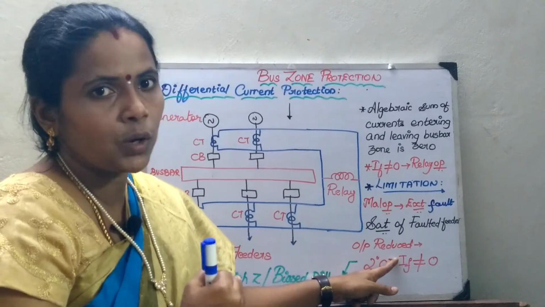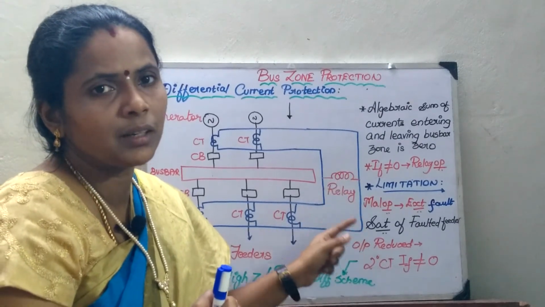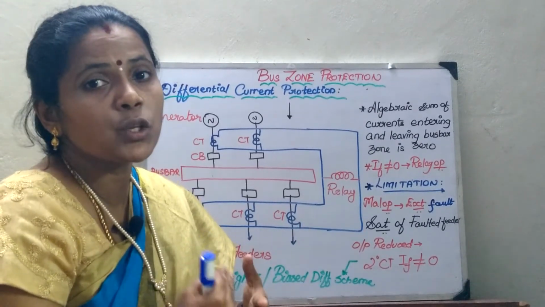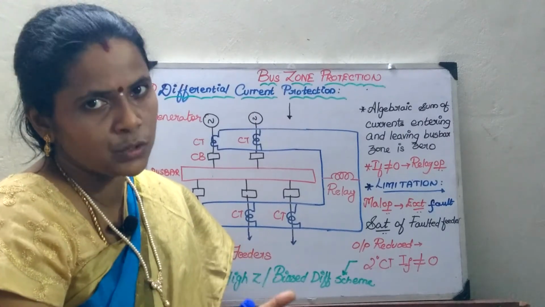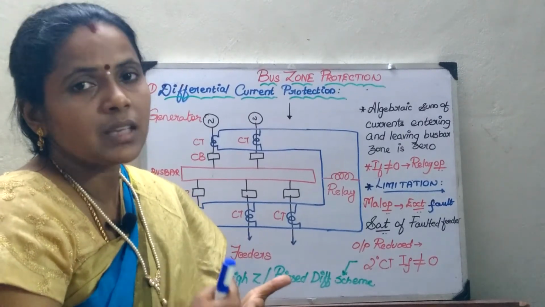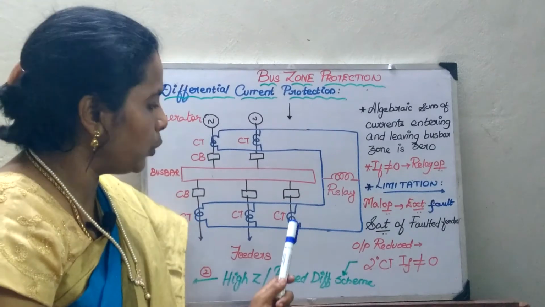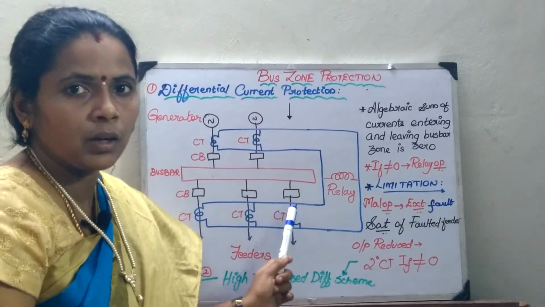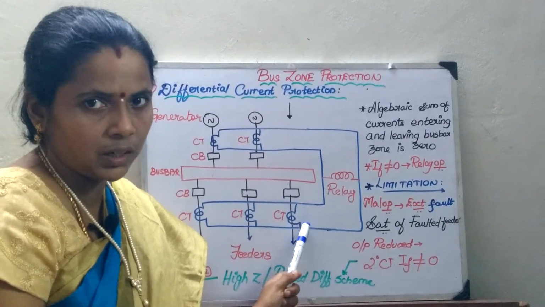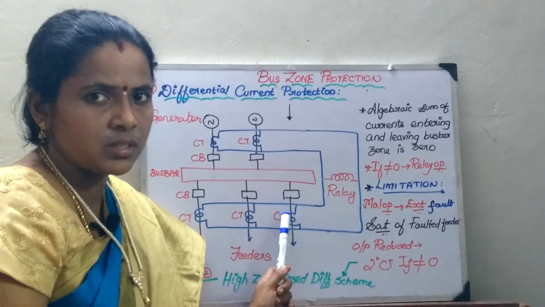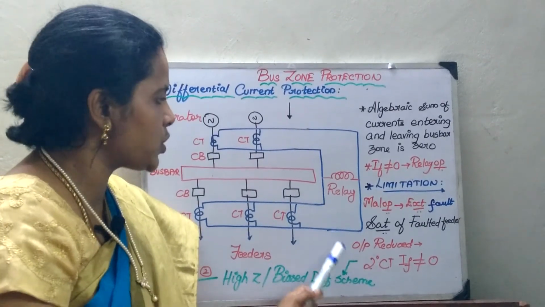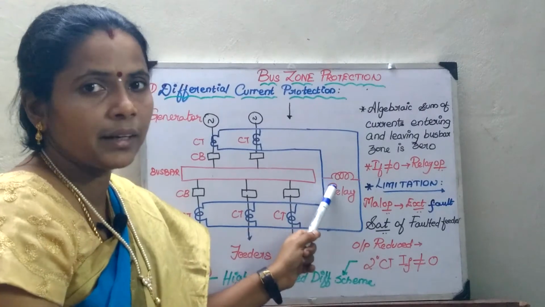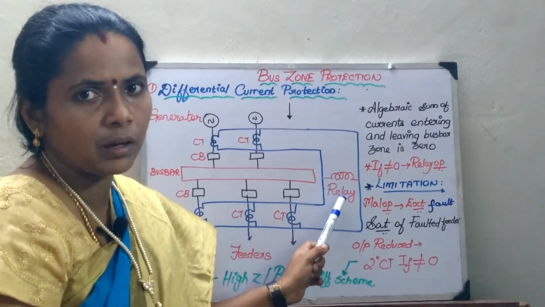In that case, you will have a differential current flowing even though there is no internal fault. This is undesirable: due to the external fault the CT is getting saturated, and because of the saturation the output voltage gets reduced, and the relay unwantedly detects it as a fault and a differential current flows through.